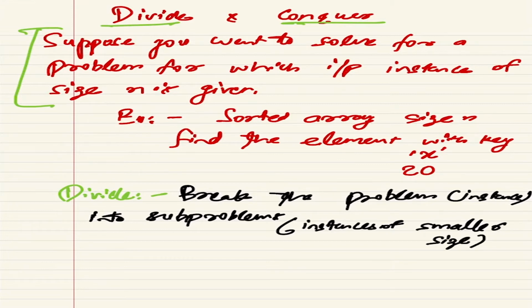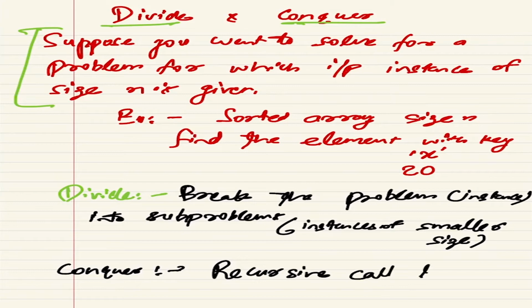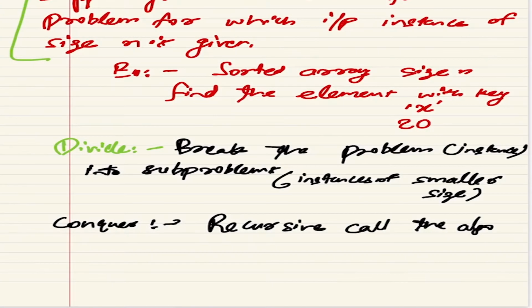And then you conquer. That is, you are dividing the whole problem into smaller subproblems, and then you conquer it by recursively calling the algorithm on each of the subproblems.